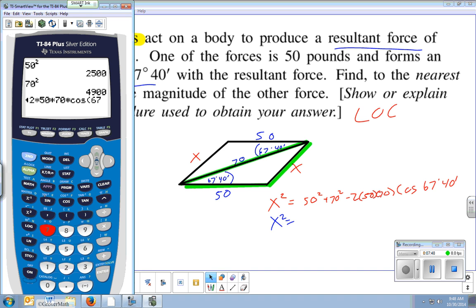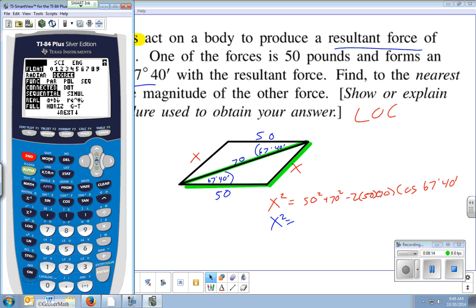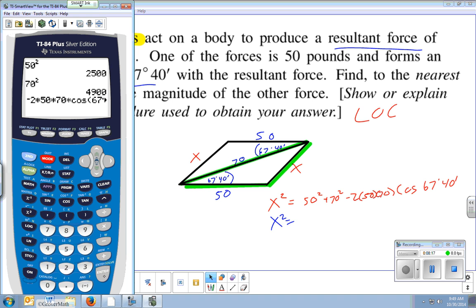You get that in the angle folder here, which is second apps, and it's my top choice. Number 1 is my degree symbol, and then I do 40, and I need the minute symbol, second apps, and that's number 2 is the minute symbol. And enter that whole thing in. And I'm afraid I'm going to be, oh, I'm on degrees. That's good. Or it's going to be in radians, and I'd have to do it all over again. But it comes out to be this whole thing.